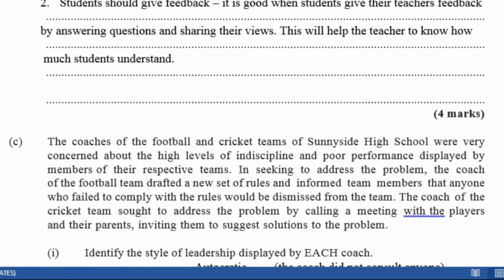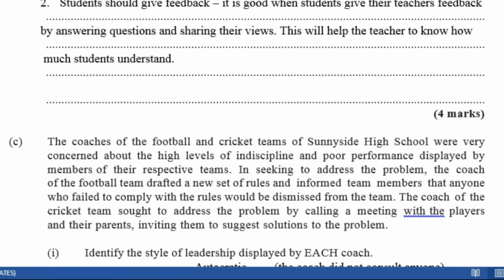In seeking to address the problem, the coach of the football team drafted a new set of rules and informed team members that anyone who failed to comply with the rules would be dismissed from the team. The coach of the cricket team sought to address the problem by calling a meeting with the players and their parents, inviting them to suggest solutions to the problem.